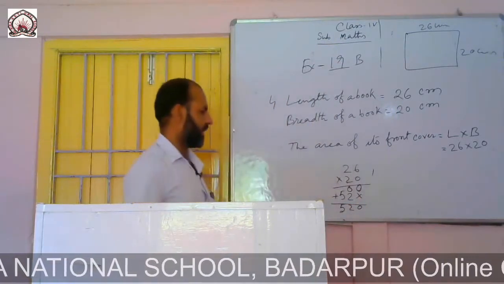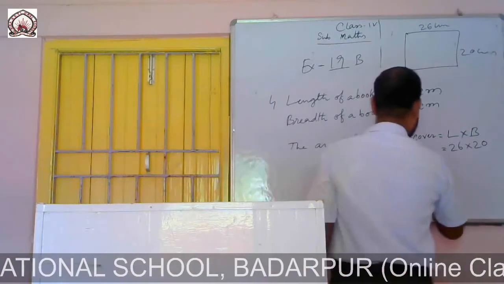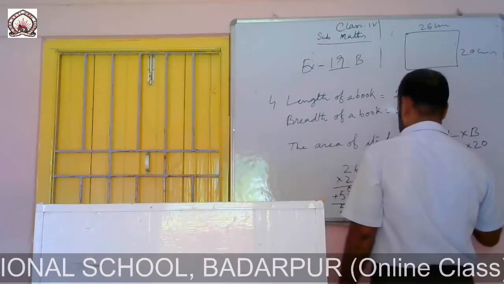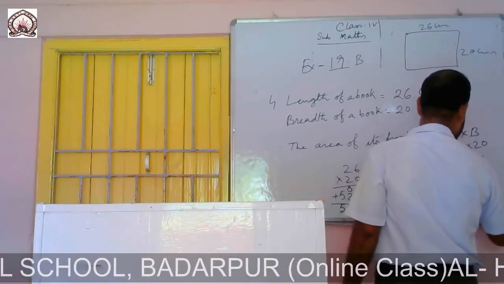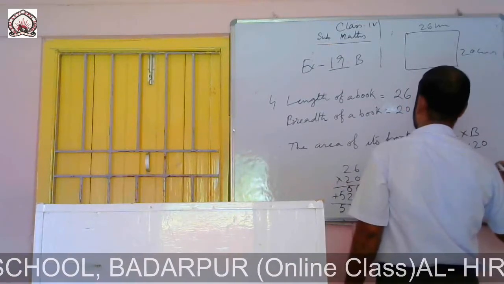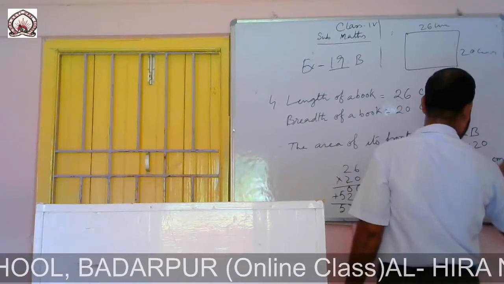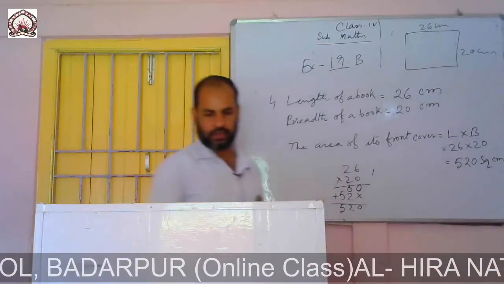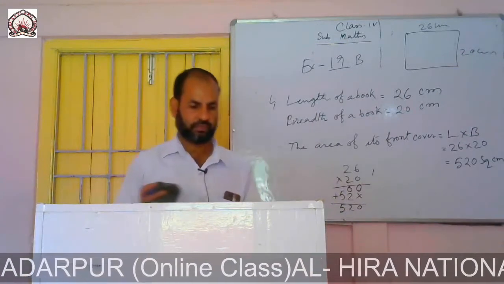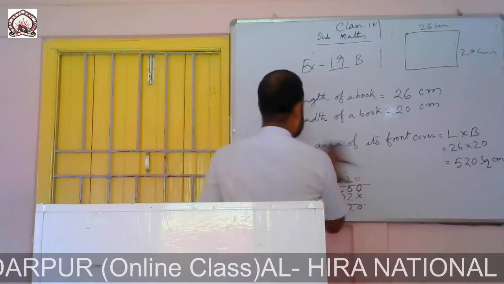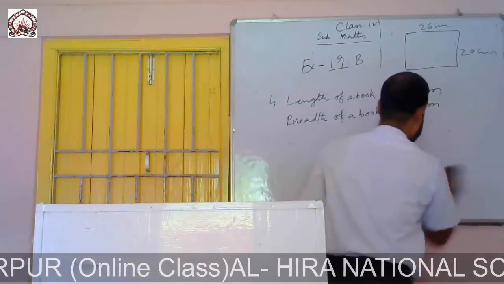So area of its front cover equal to 520 square centimeter. Next question number 5.